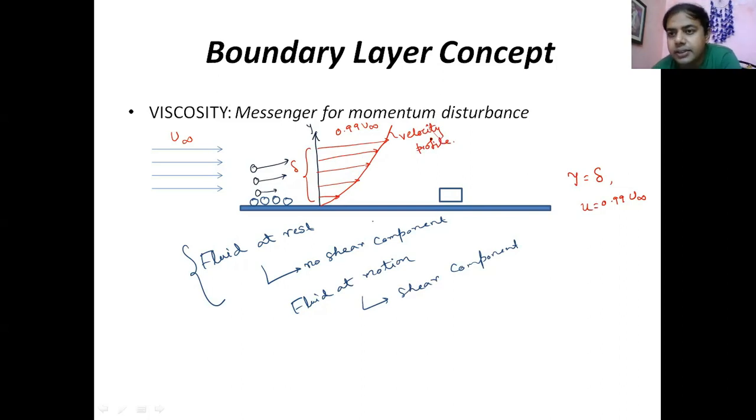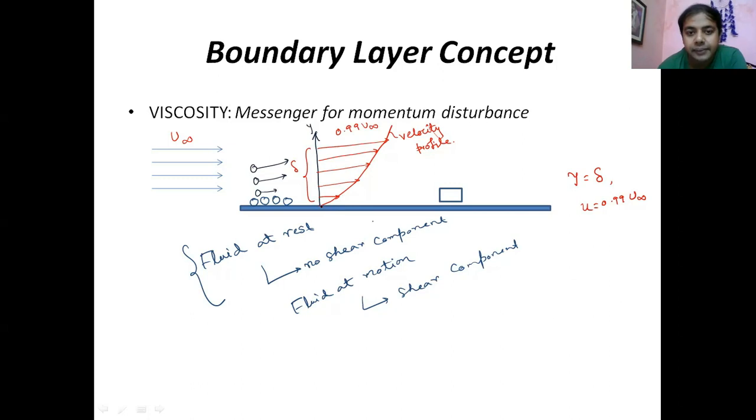So what is viscosity's role here? From one layer to another, because of the plate, some momentum disturbance is created. This momentum disturbance is conveyed.